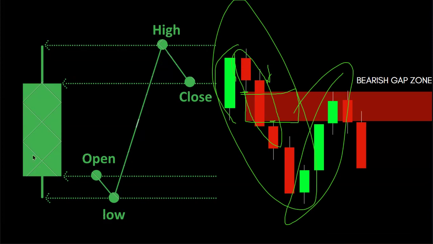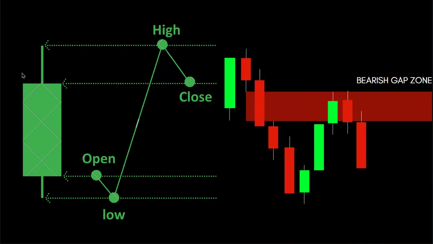So let me clear my drawings real quick. Let me go to my vanishing pen. Okay. So now we have a wick here and a wick here and the distance between the two. That is the zone that was formed right there. And what you're looking for is there to be a gap between this wick and this wick.